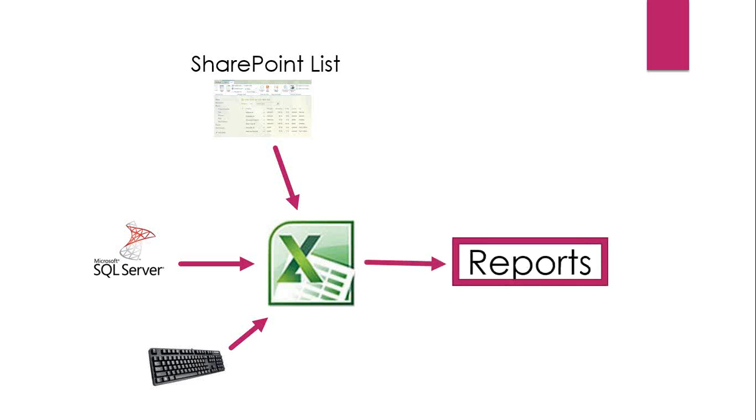From Excel, I can generate the reports that I need, and those reports can be posted back up to SharePoint for the business executives or the business managers to be able to look at and get that information. So a SharePoint list ends up being just another way of entering in more data to ultimately generate reports and track things within SharePoint.